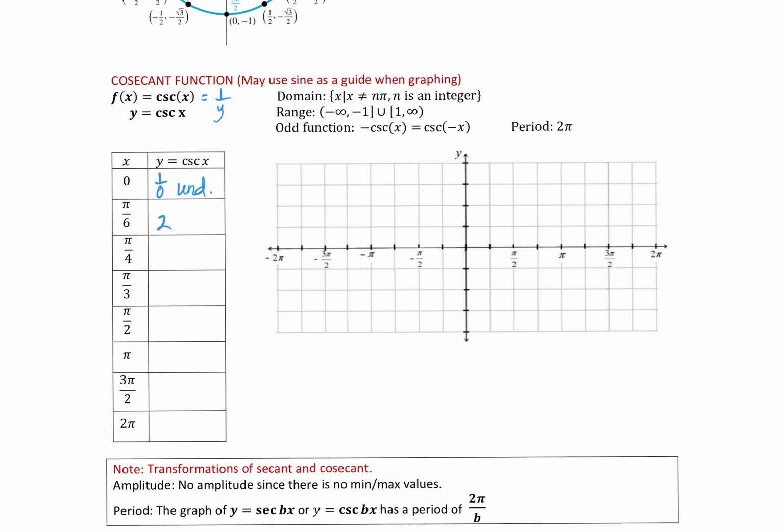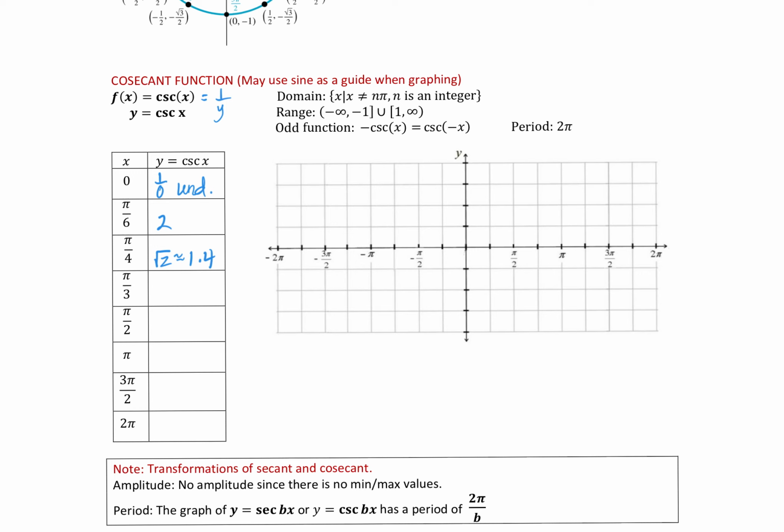At pi over 4, it's 1 over the y value, which is square root 2 over 2. So reciprocal would be 2 over the square root of 2. And then after rationalizing and simplifying, you get the square root of 2. Again, you can look at that table as well and get these values for cosecant. I'm going to write that as approximately 1.4 because it would be easier for me to graph 1.4.